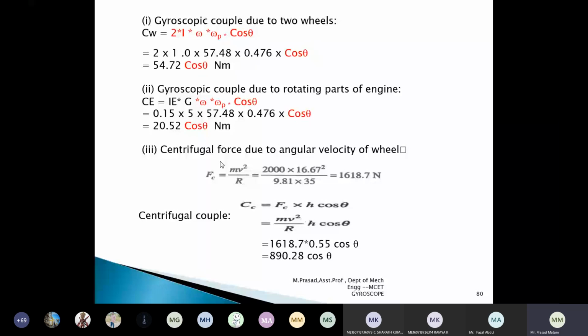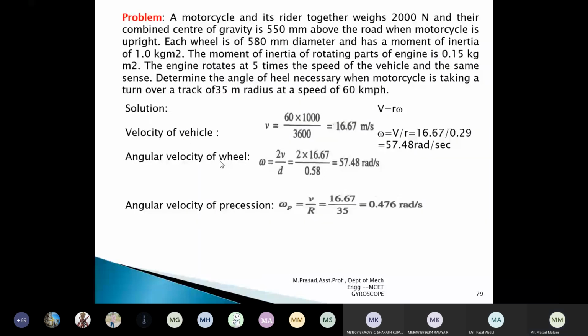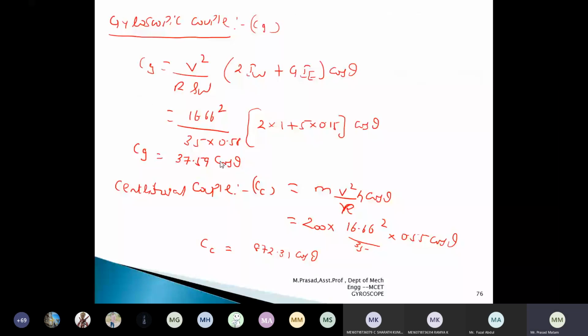20 plus 54, 74 we have to get. Gyroscopic couple due to wheels and gyroscopic couple due to engine, together we are adding. So I am getting 54 plus 20, 74. But why am I getting only 37.59? Cross check once again, anyone? Students, please cross check this.